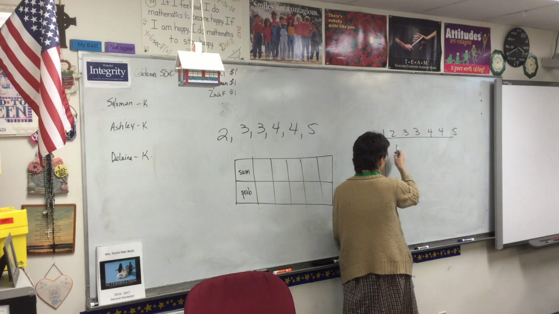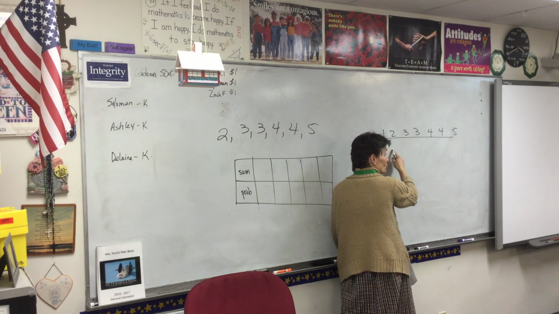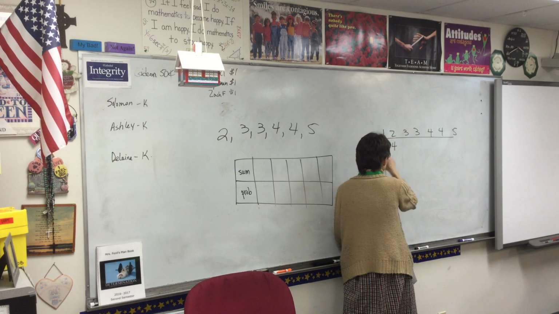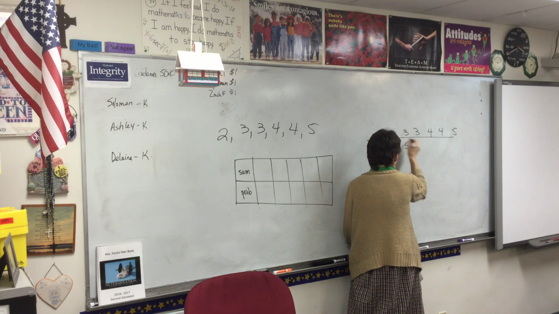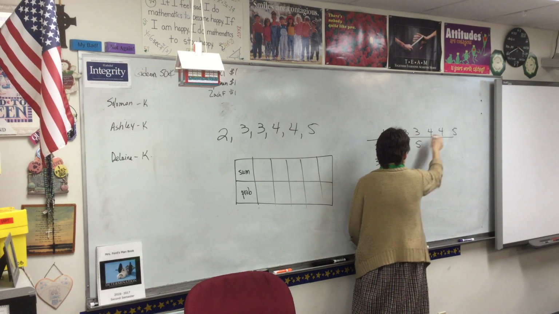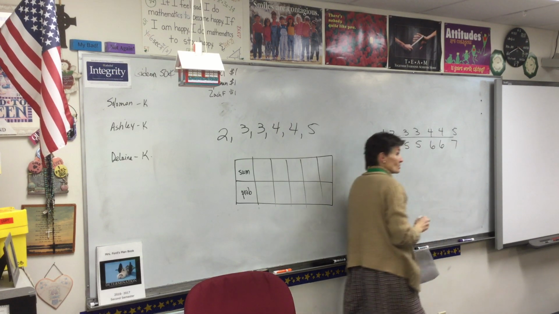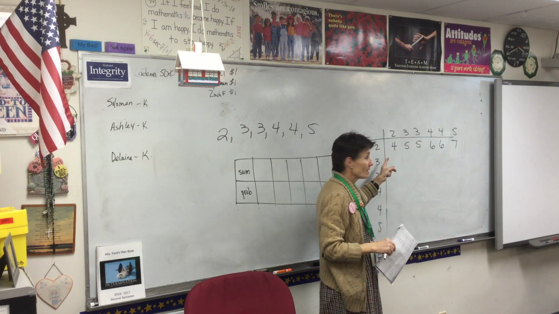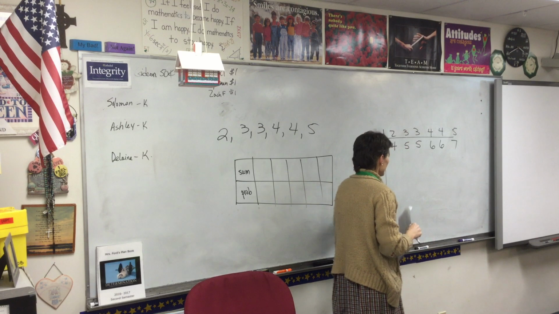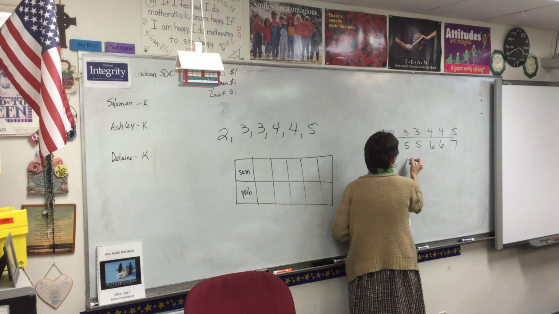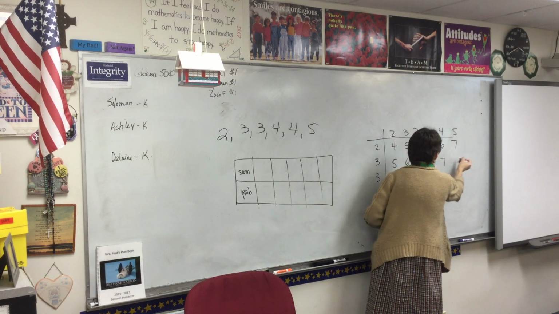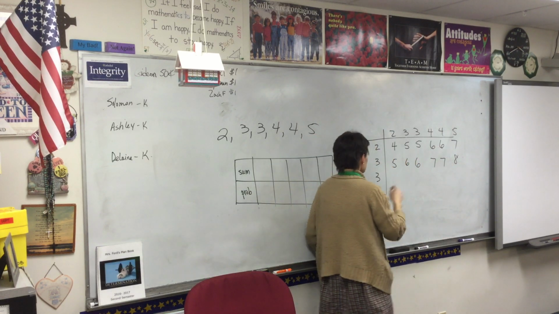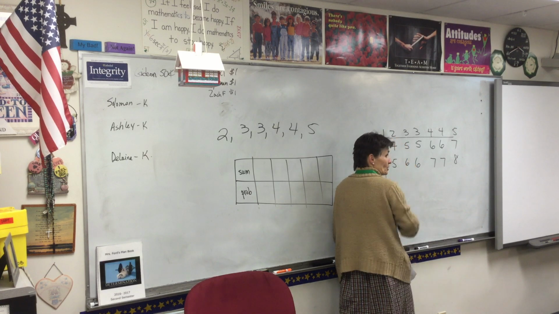So one outcome would be I get a 2 and a 2. So my sum would be a 4. I get a 2 and a 3, a 2 and a 3, 2 and a 4, 2 and a 4, 2 and a 5. So this is the first list of outcomes. All right, now what's this list of outcomes going to be? 5, 6, 6, 7, 7, 8. So again, this is like rolling a 3 and rolling a 2.